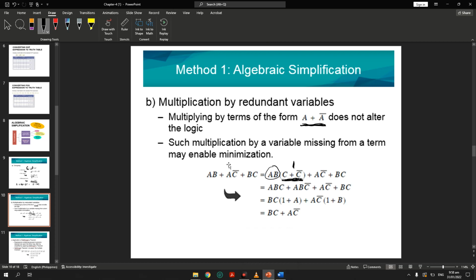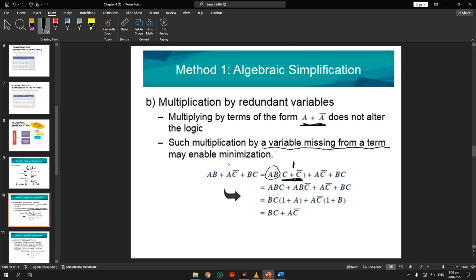So why C plus C complement? Please take note that here, we are to multiply a variable missing from a term. In our first term, AB, the missing variable, because we have here the inputs A, B, and C, is C. That's why we are to multiply C plus C complement.